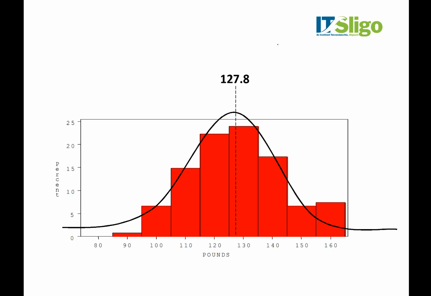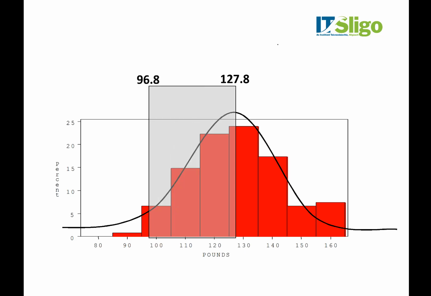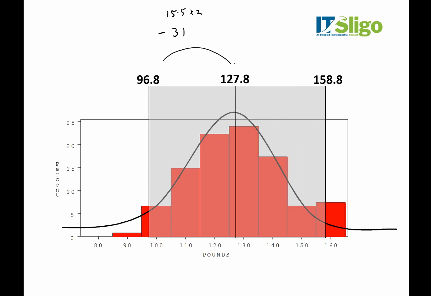Now we go to two standard deviations. Now we've subtracted two standard deviations, which would be minus 31. Remember, 15.5 by 2. And if we go to two standard deviations above, we add 31 pounds to the mean. And we ask, mathematically, how many ladies would we expect to fall within two standard deviations of the mean?